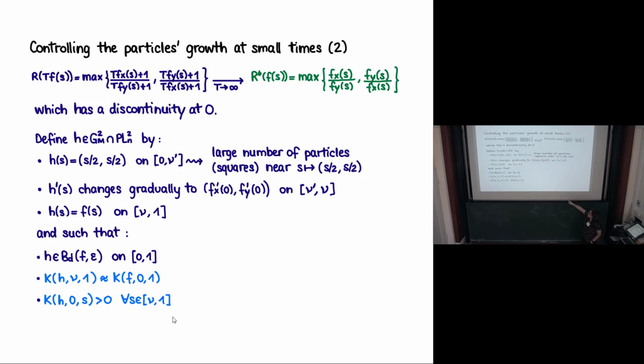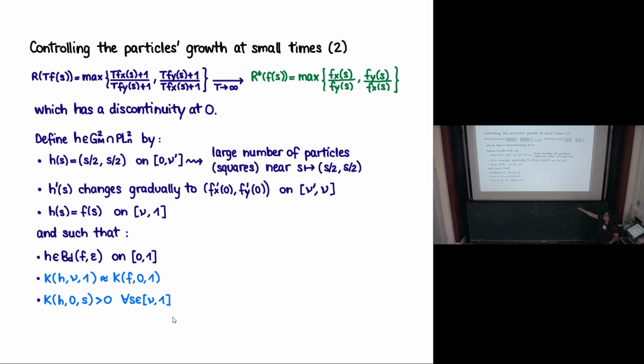And then, well, because we wanted to switch back to f, which is the function that I chose, and I want to show that there are particles near f, well, h is going to change gradually, so it's a piecewise linear function whose drift adapts to the drift of f, and from some time onwards it will just be equal to f.